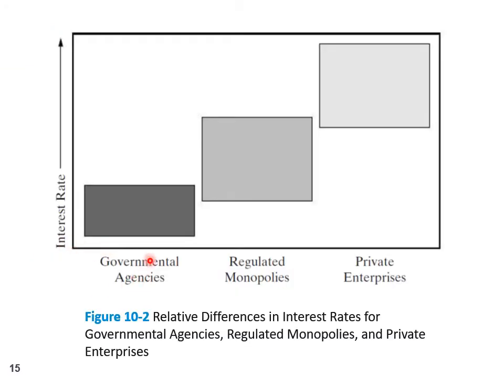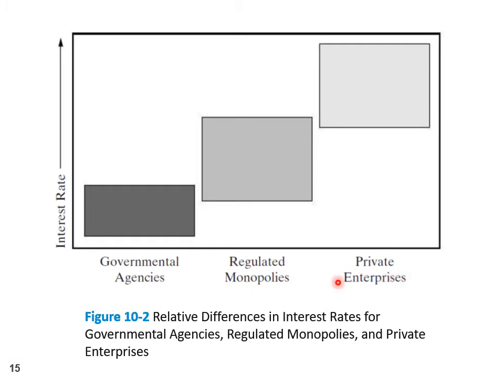So when we consider governmental agencies, there are also regulated monopolies. These are companies that are regulated, they are not governmental agencies, but they are monopolies. They are the only ones that need to provide this service or establish such a company. And there are private enterprises.